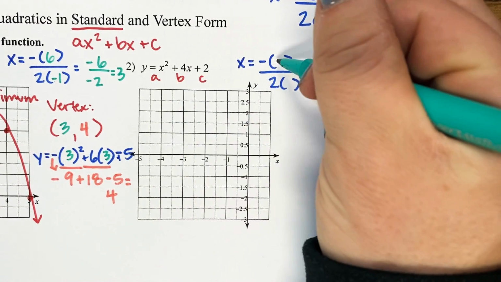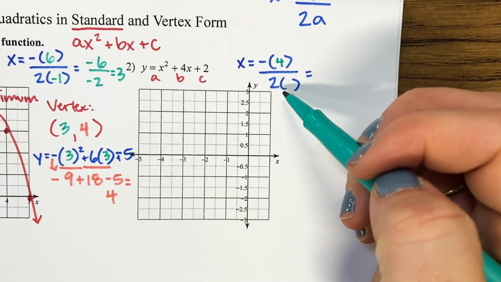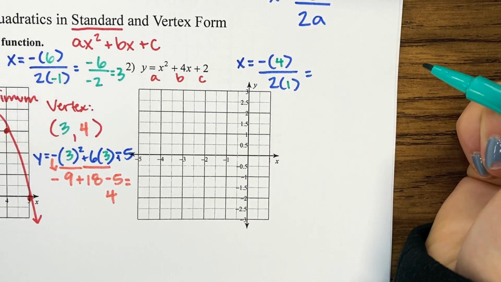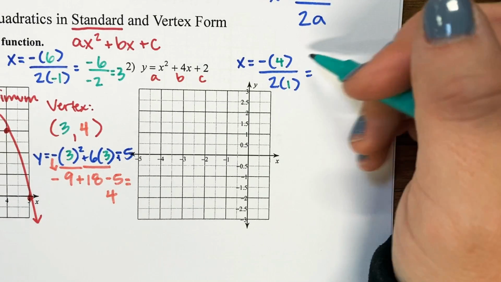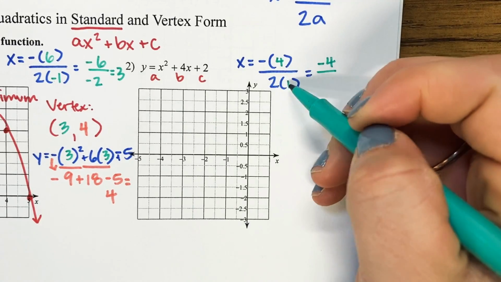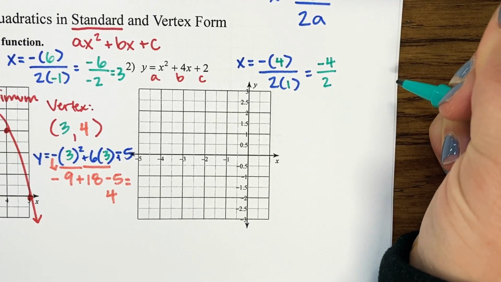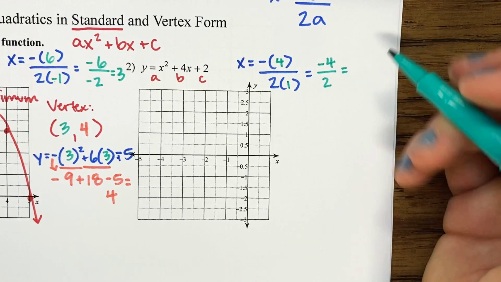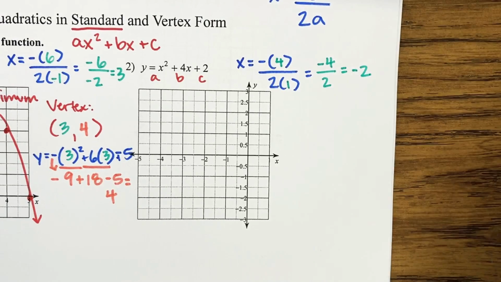My b is positive 4. a needs to be plugged in on bottom. My a is just positive 1 this time. So I have negative 4 on top divided by 2 times 1, which is 2. Negative 4 divided by 2 gives me negative 2.